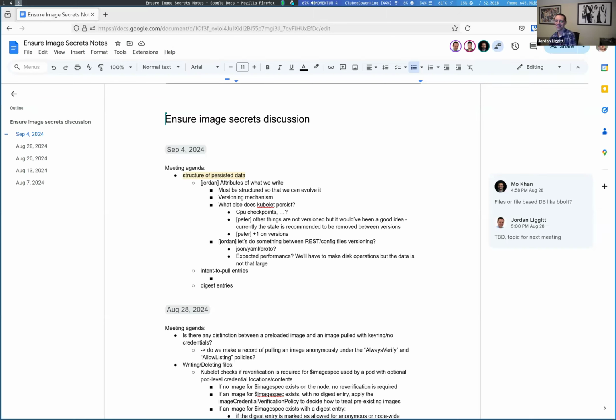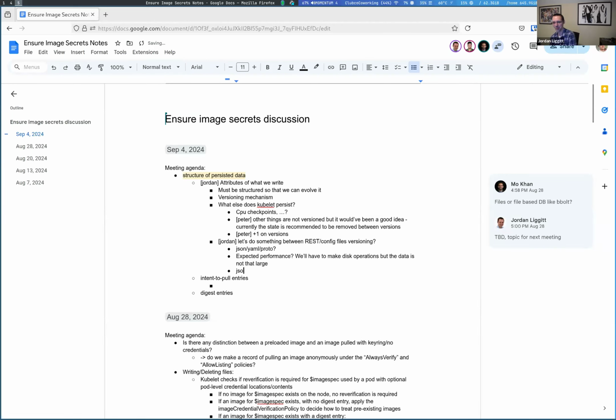And it will make humans' lives so much better if, when debugging an issue with this, you can actually inspect the data. If this was a high write rate with large amounts of data, I would maybe care more about a super efficient binary format, proto serialization. I don't know.